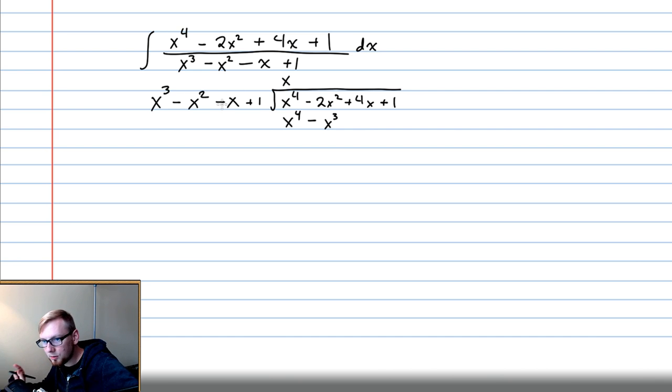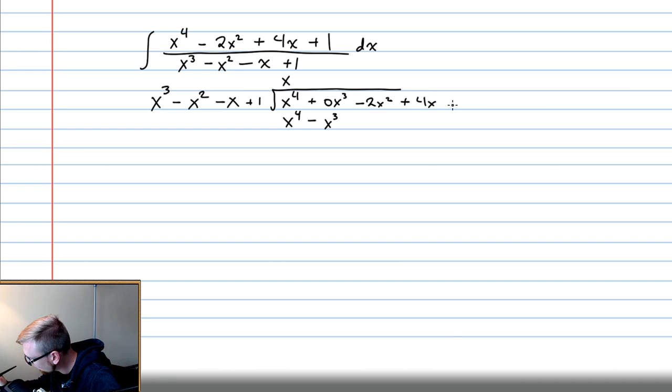And you know what? To do this a little better, I'm going to rewrite this and leave a space for a placeholder. So technically we would have plus 0 x cubed. Then we have minus 2x squared plus 4x plus 1. See why I did that now. Okay. And then x times minus x would be minus x squared, and x times 1 is just x.